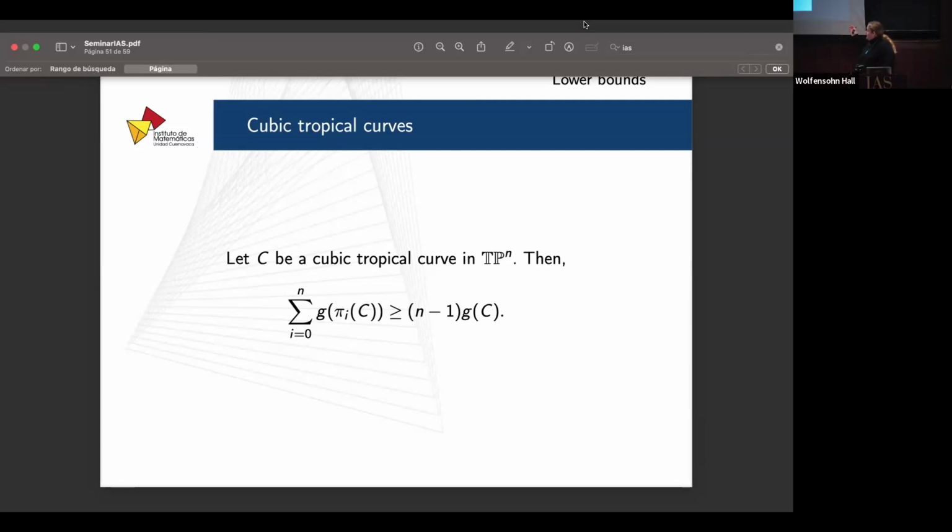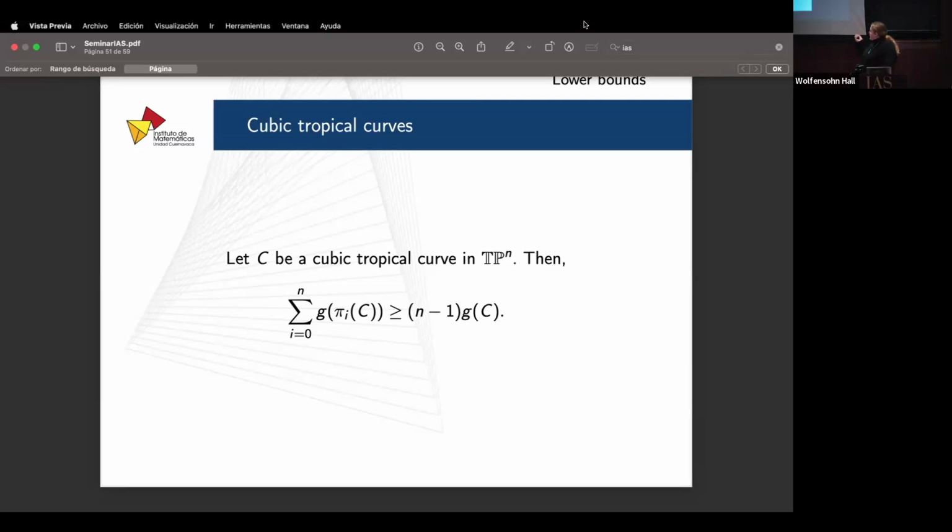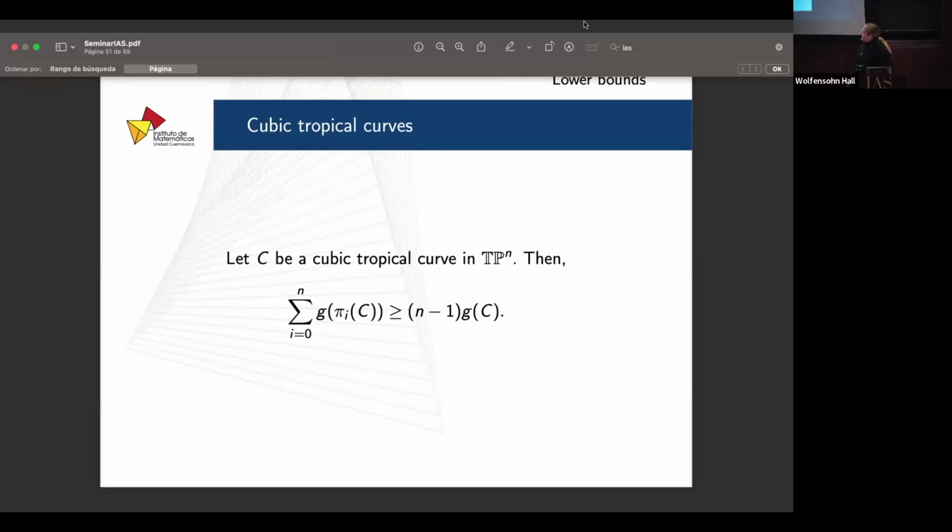I'm going to sum the genus of all the projections. And then we're going to have that the sum of that is going to be greater or equal than n-1 times the genus of C.